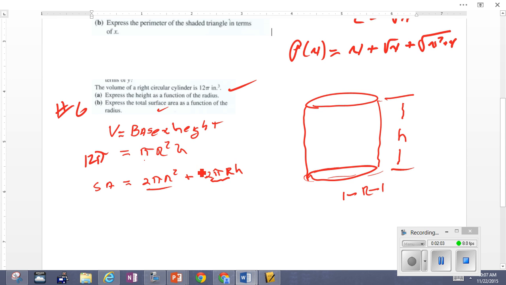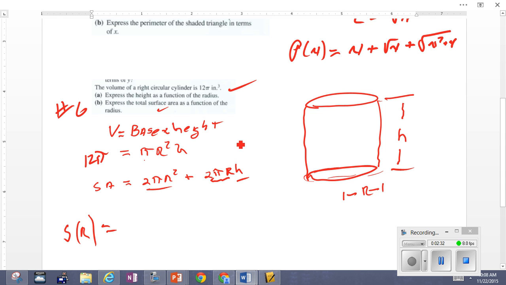And of course, from there now, we need to find the surface area as a function of r, which means in our surface area formula, we have to get rid of this h, because then we won't have surface area as a function of the radius. So we'll come back to this volume formula, and we can solve that volume formula for h in terms of r.